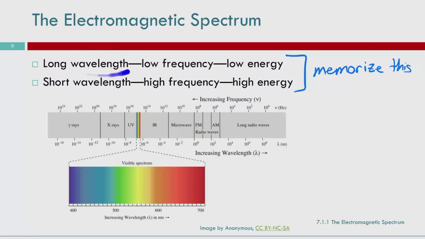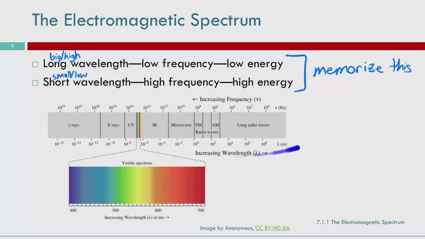Long wavelength, we can think of as big wavelength: large number wavelength, low frequency, low energy. Short wavelength or small wavelength goes along with high frequency, goes along with high energy.